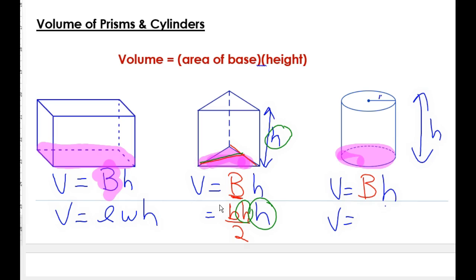Well, it's pi r squared. So that doesn't change. Pi r squared. And now I multiply by the height of the entire prism. And that's where the formula for the volume of a cylinder comes from. It comes from knowing what the area of the base is. So hopefully that will help you remember some of the details of how to calculate the volume of prisms and where those volume formulas come from.